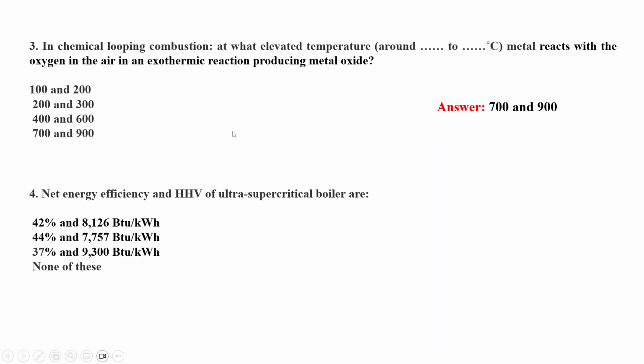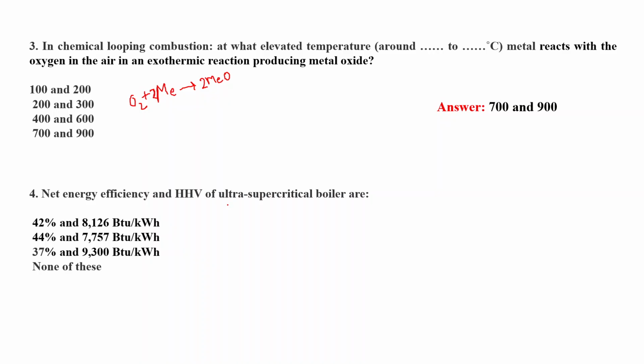In this equation, the oxidation of metal takes place at a temperature of 700 to 900.